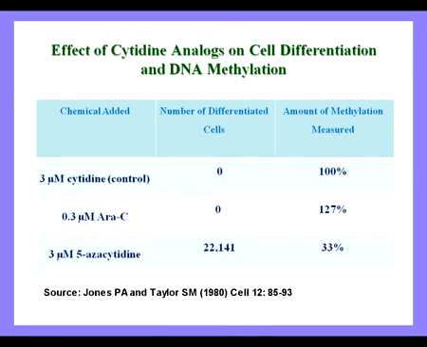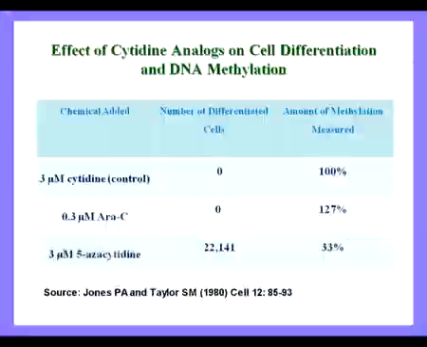After this experiment, they opened up a window for scientists around the world to work along these lines, making it a premise that DNA methylation is linked with gene expression. It was published in Jones and Taylor in 1980.